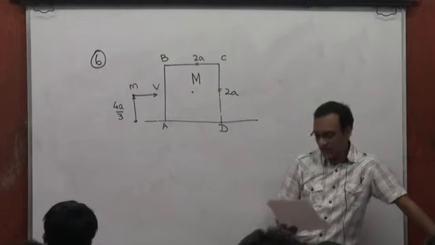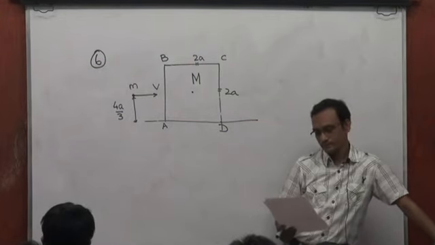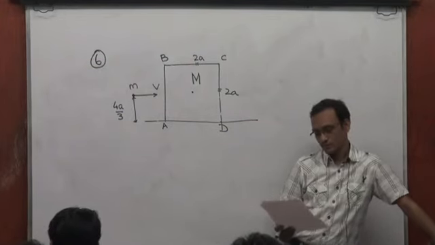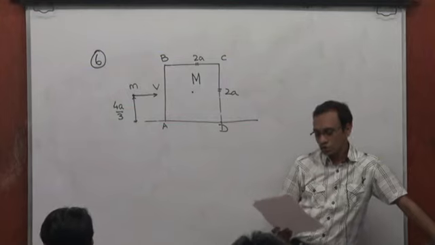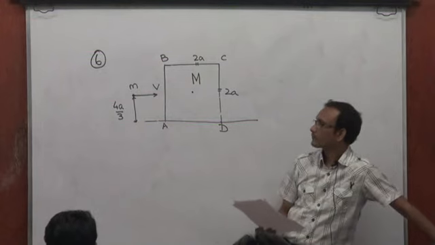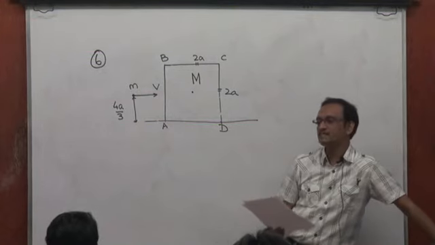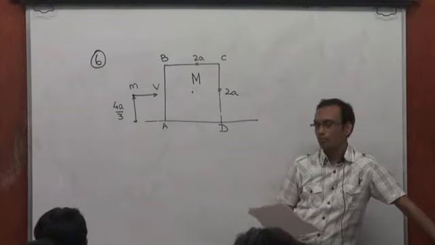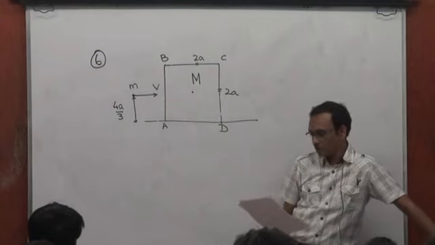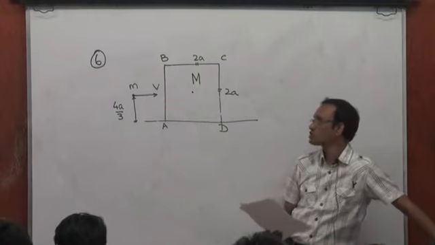A particle of mass small m strikes AB normally with a velocity v as shown.